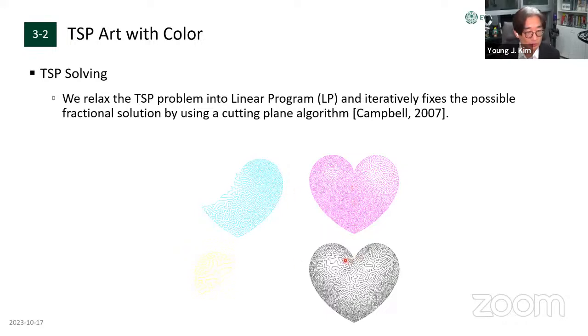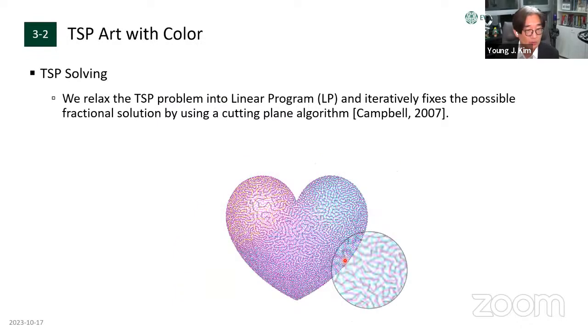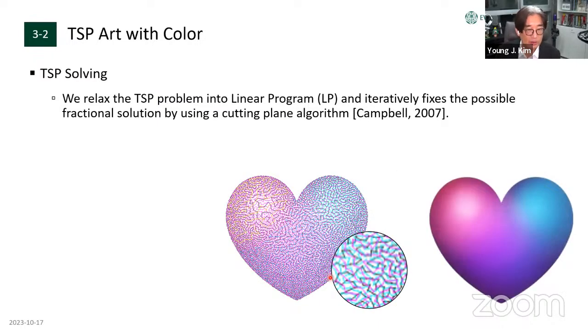So we solve the TSP path for each set of stippling points. And if you combine them, you will get this kind of solution. Compared to the original image, it is a little bit rough, but to some degree it's okay. Also, you can think of this as some kind of art form, even though it is not precisely exact.